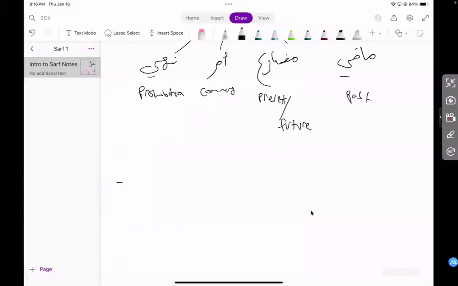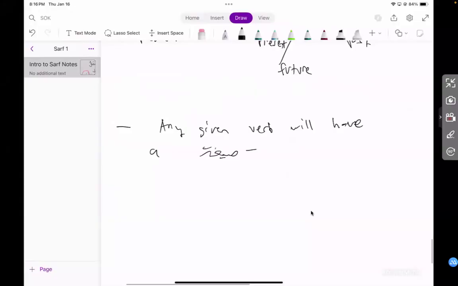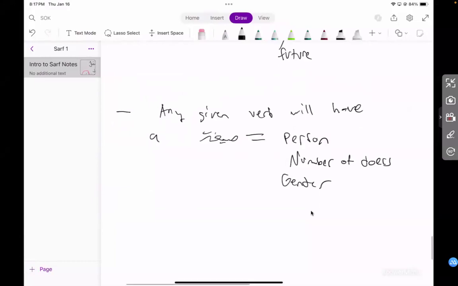We also discussed that any given fi'l, any given verb, will have a sigha. A sigha is a combination of person, number of doers, and finally gender. You can have up to three persons: first, second, and third. For number of doers, you can have one, two, or three: singular, dual, or plural.